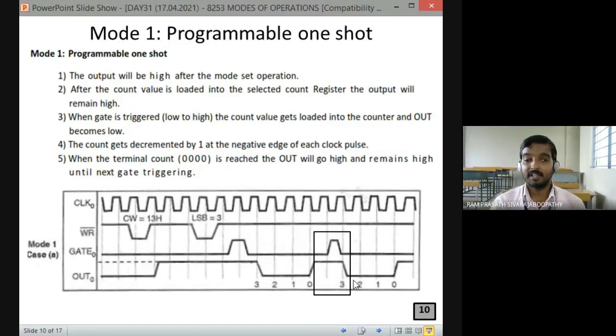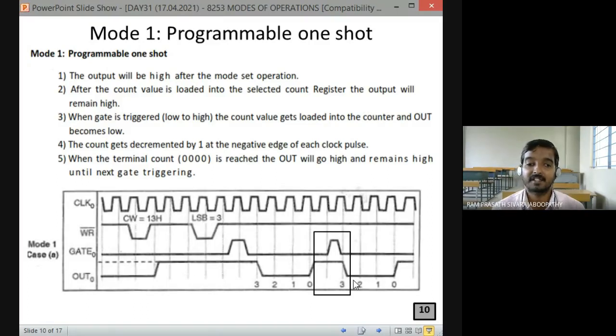Fine. So again I repeat, mode 1 பொறுத்த வரைக்கும் after putting the control word, after you are configuring the counter, okay, the output becomes high. Okay, count value போட்டதுக்கு அப்புறமும் the output is going to be high, but count value will not get loaded into the counter register. Correct? நான் எழுதின அந்த வேல்யூ counter registerல இன்னும் போய் லோட் ஆகல. எப்போ லோட் ஆகும்?